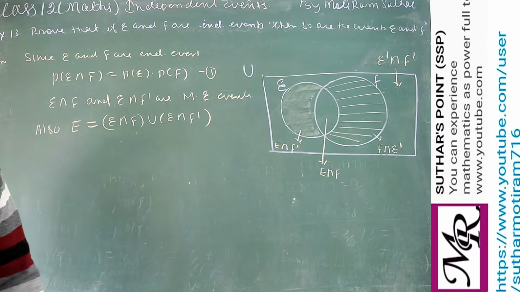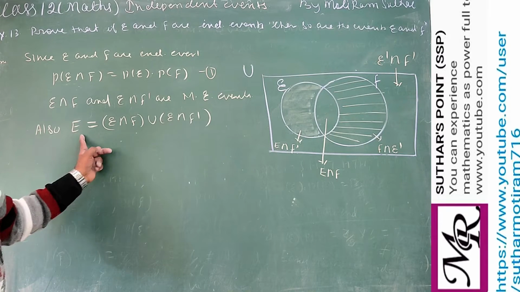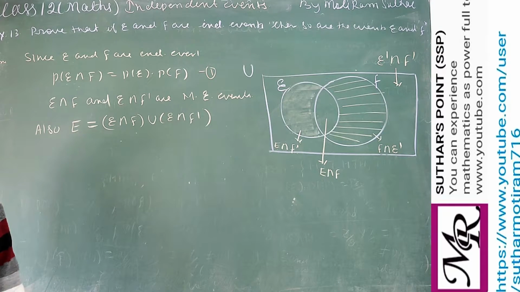Similarly, you can write for F, but here we are proving for E and F, that's why we are only taking E.